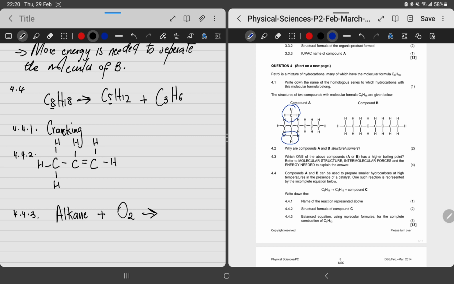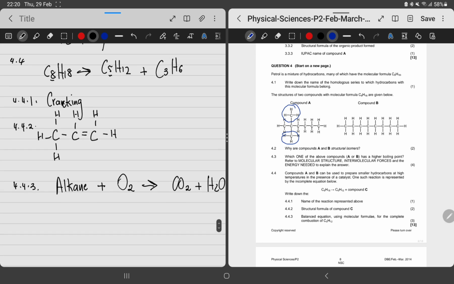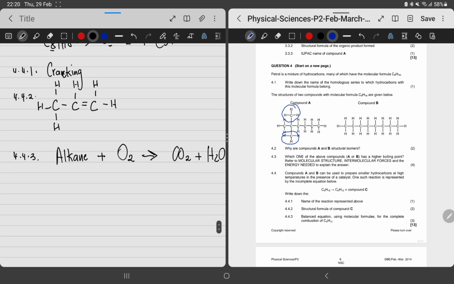And then the products there should be carbon dioxide plus water. That's just the general equation that you need to know. Okay, so now we are taking C5H12, reacting it with oxygen. I know that the products should be carbon dioxide and water.